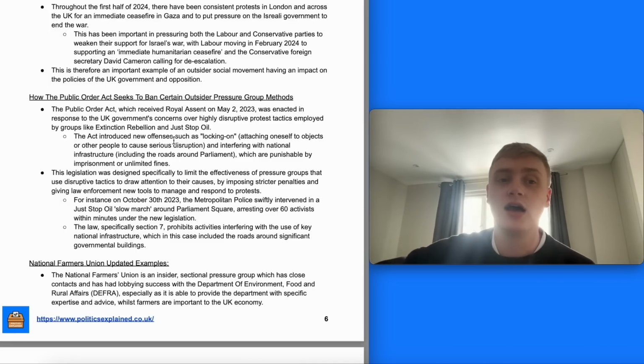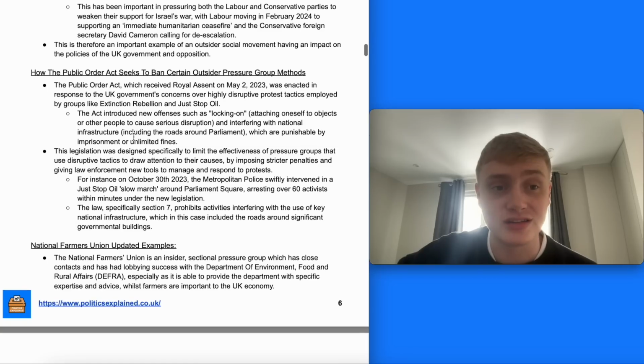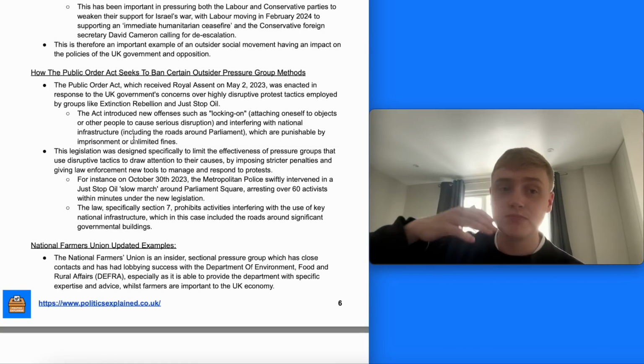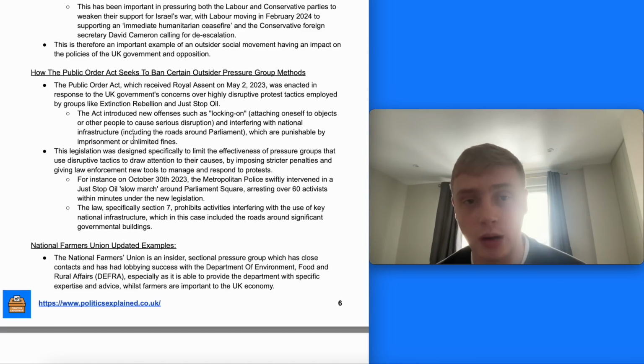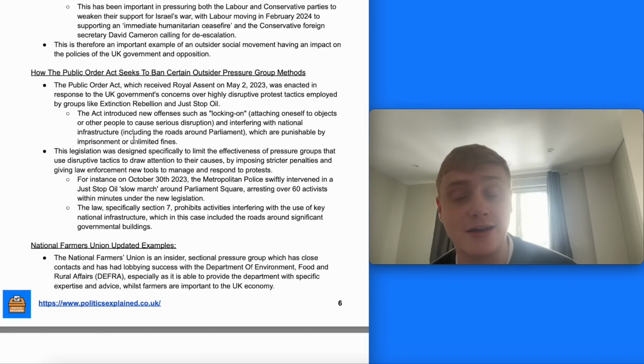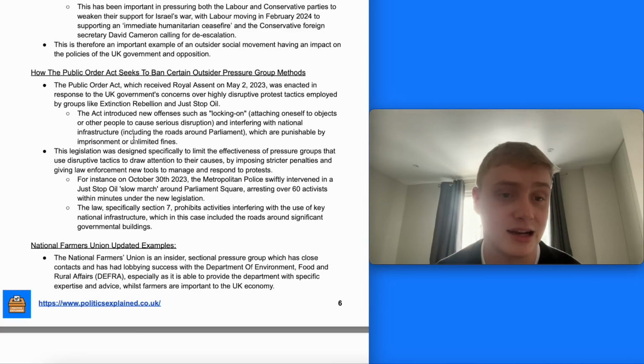And the first one of these is the Public Order Act, which was passed by the government in May 2023 in response to the UK government's concerns over highly disruptive protest tactics used by pressure groups such as Extinction Rebellion and Just Stop Oil. So this could be crucially used for pressure groups and for rights in context in the first exam. You could also use it as an example of the government passing legislation in the second exam, for example.